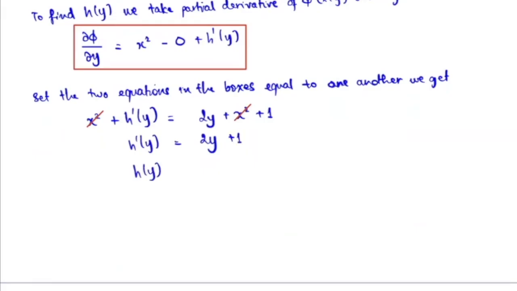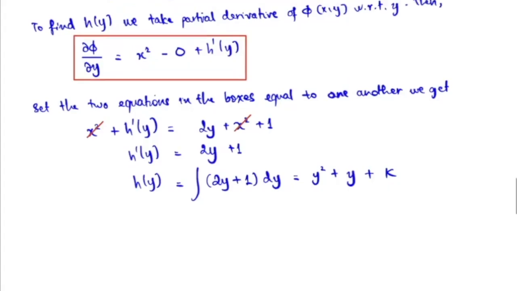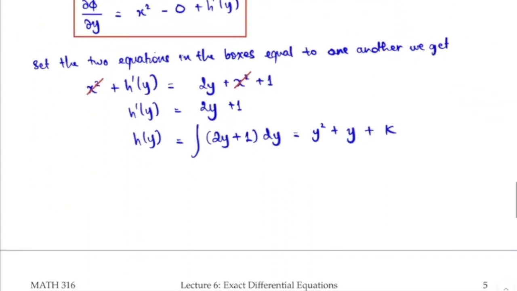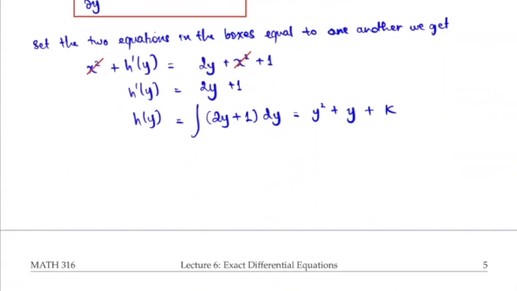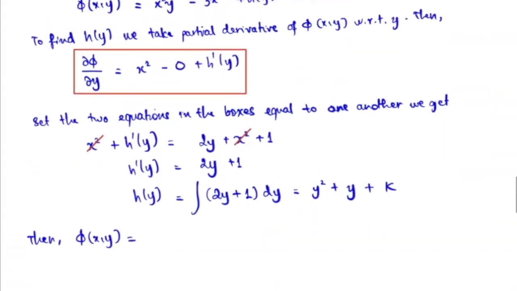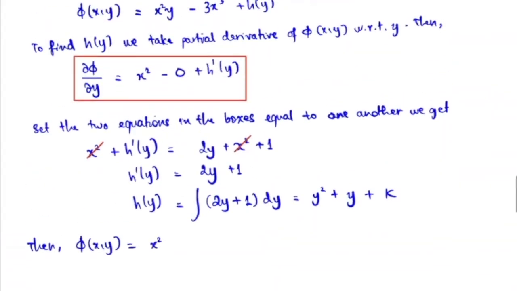You integrate both sides with respect to y, you get the integral of 2y plus 1 dy, which is y squared plus y. Now you can add a constant k. Okay. I reserve the constant c for later. So you have h of y. Now you go back and say that phi of x comma y is equal to x squared y minus 3x cubed plus h of y.